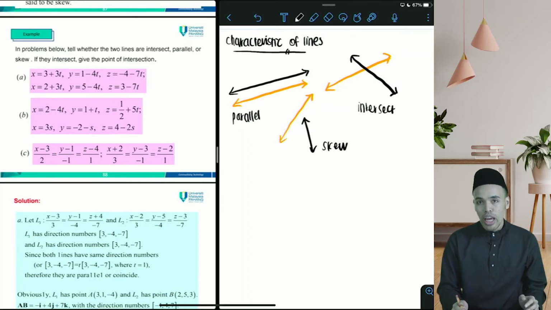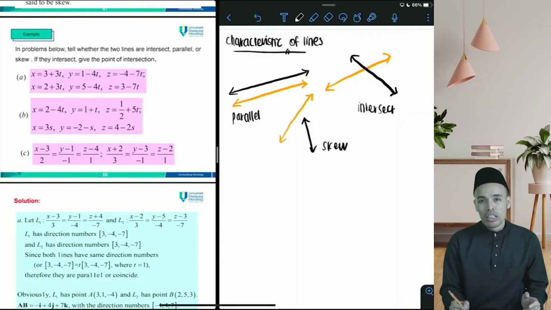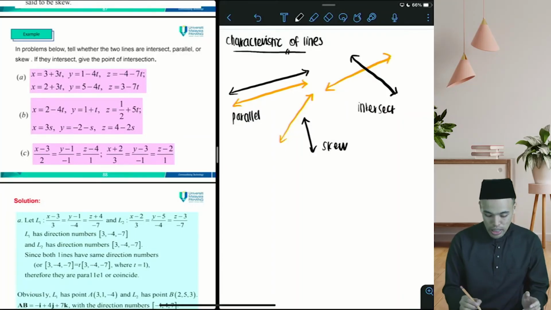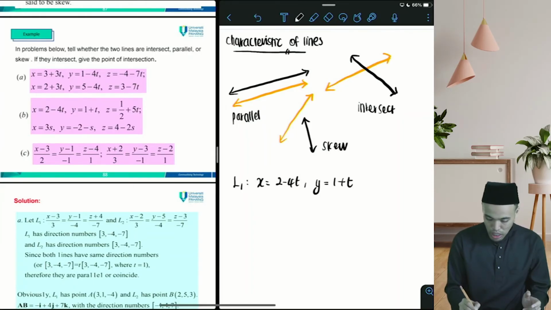Let's take a look at question B. You are given two equations that represent two lines in the same coordinate system. L1 is x equal to 2 minus 4t, y equal to 1 plus t, and z equal to 1 over 2 plus 5t.